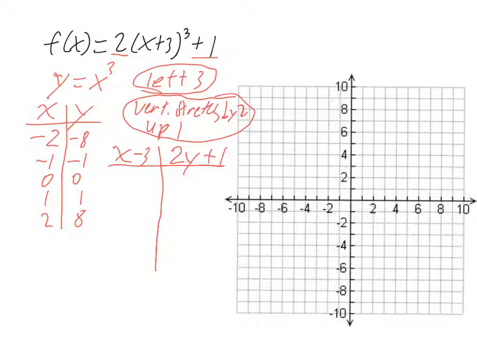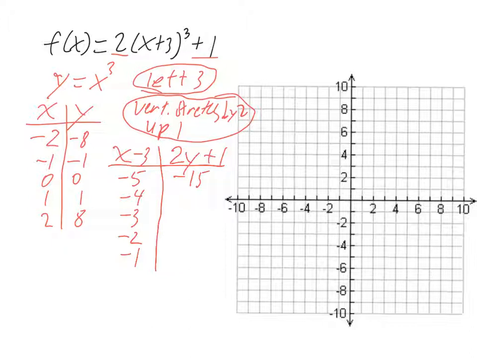So we're going to take each x value and subtract 3, so -2 minus 3 is -5, then -4, -3, -2, and -1. And now to find the y values, so 2 times the original y, so 2 times -8 is -16, plus 1 is going to be -15.